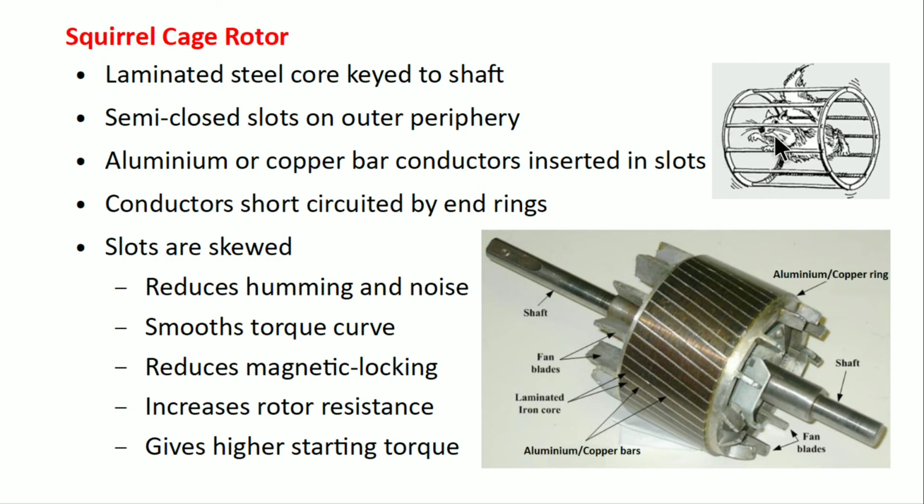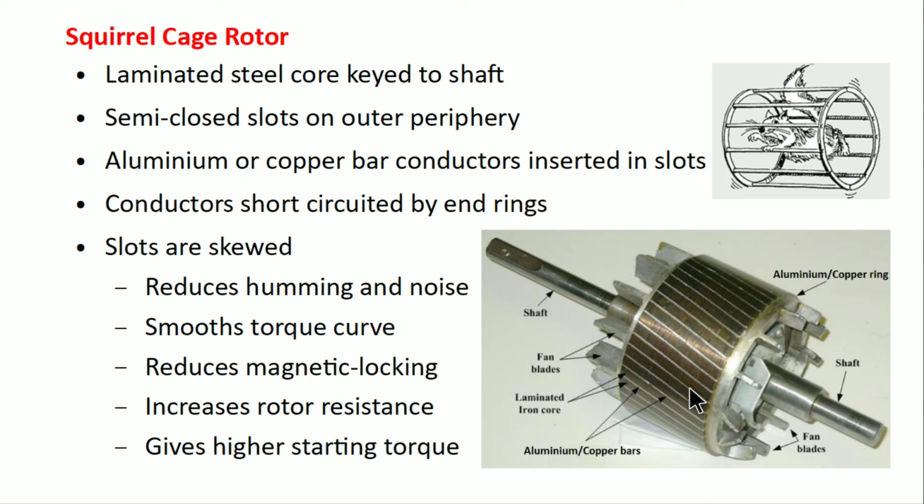These are the end rings 1 and 2, and these are the conductors which are placed in the rotor slots. So this is similar to the cage of a squirrel. That's why its name is squirrel cage rotor.